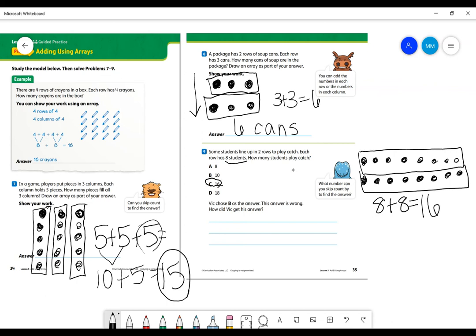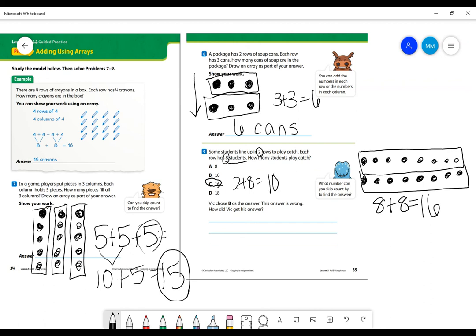It says Vic chose B as the answer. This answer is wrong. How did Vic get his answer? Ooh, so I saw the number 2 in my problem. So here's what I'm thinking. Vic saw these 2 numbers and he knew that when we are doing arrays that we are adding. So if I put 2 plus 8 together, what does 8 plus 2 make? It makes 10, right?